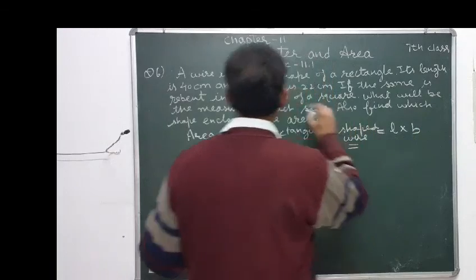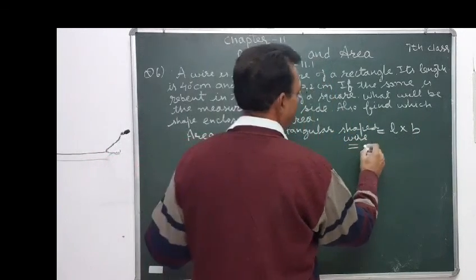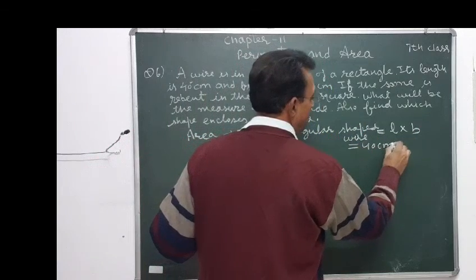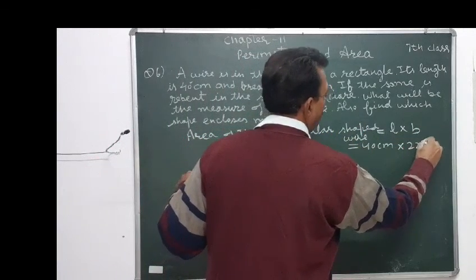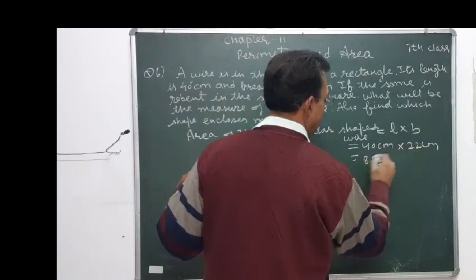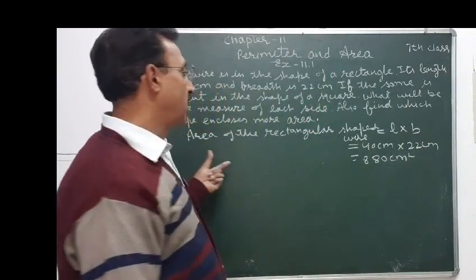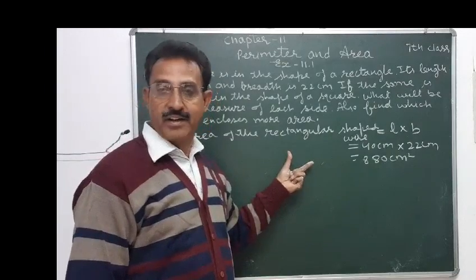So here the length given is 40 centimeter and breadth is 22 centimeter. 40 centimeter into 22 centimeter. So 4 2s are 8 and 4 2s are 8. This is 880 centimeter square. So this is the area of the rectangular shaped wire.